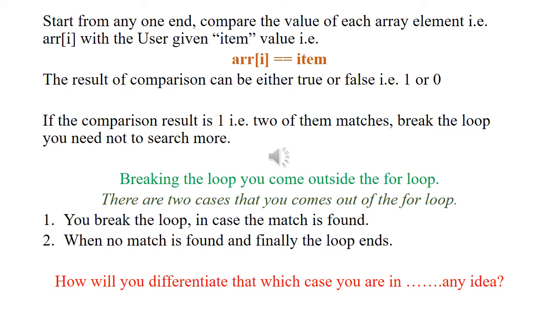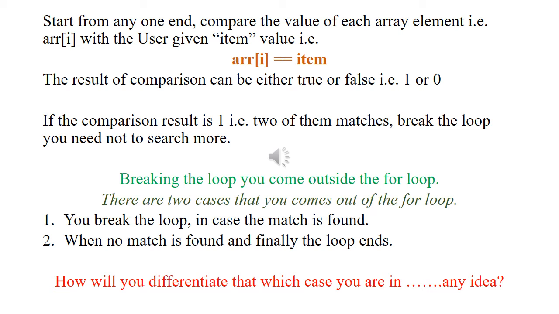Otherwise, the loop will break after completion of its iterations. Suppose I am running the loop 9 times, after 9 iterations it will break. When you break the loop, you come outside of the for loop. There are two cases in which you come out of the for loop. Number one, you break the loop in case the match is found. And number two, no match is found and finally the loop ends. So one is you break the loop, and you will break only when you find the match.